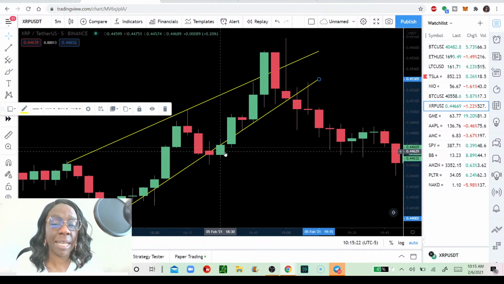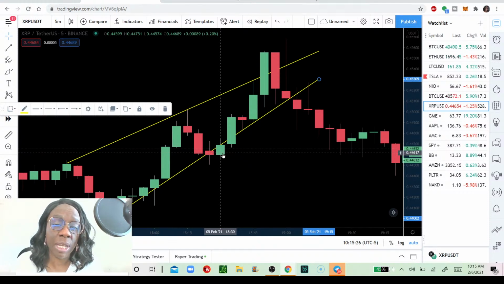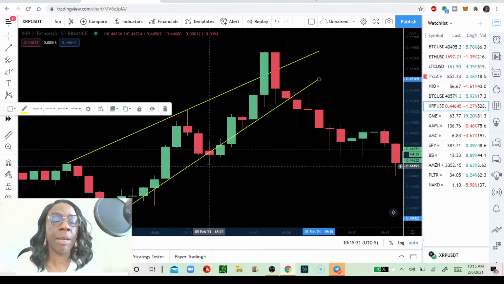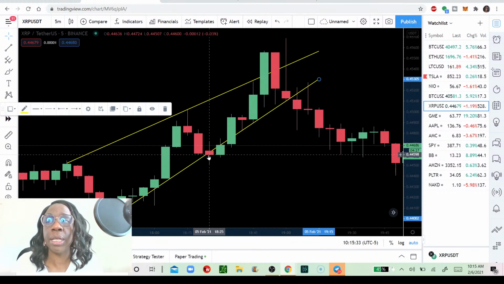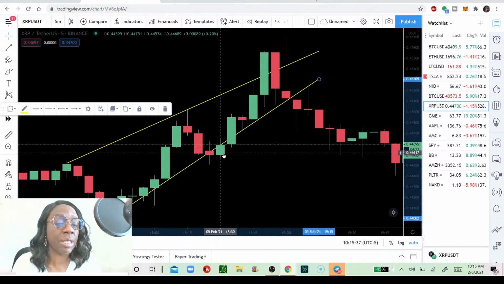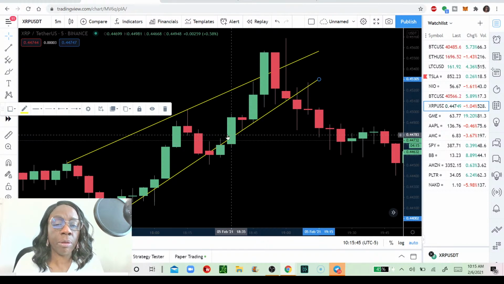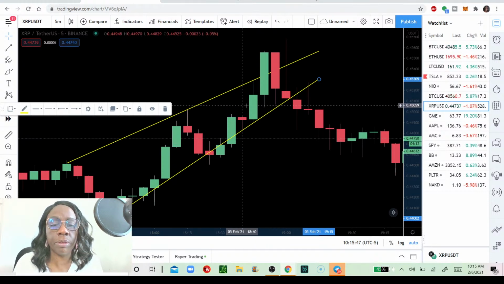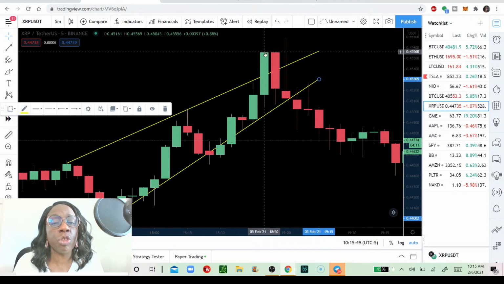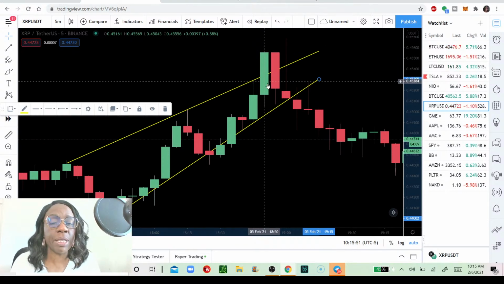If the second candlestick, meaning this one, closes also below the trend line, I'm out of the trade. But as we can see here, we have this one closing below the trend line, and then this second one actually closing above the trend line. So in this situation, I would stay in the trade, another 5, 10, 15, 20 minutes. So I'd be in this trade 20 minutes.